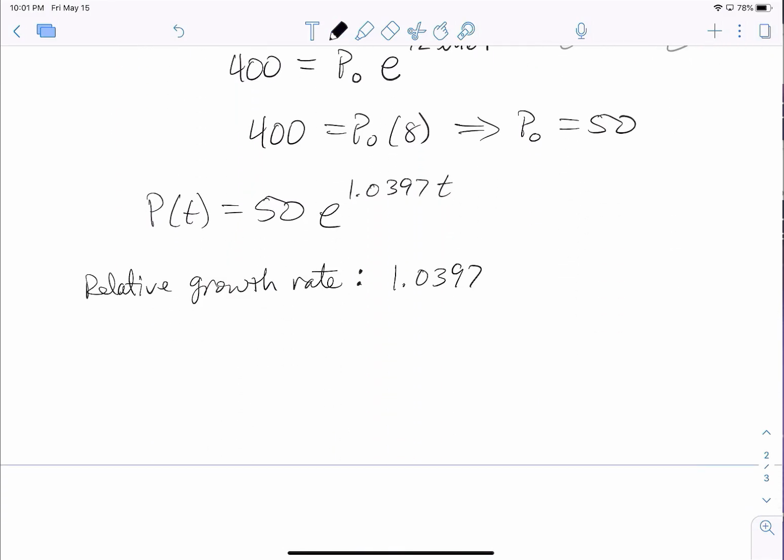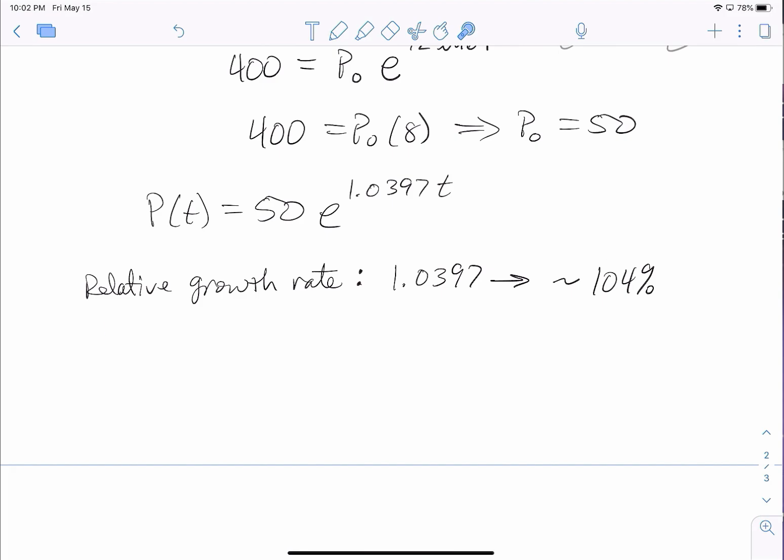But that's a decimal. Expressing it as a percent means that it's about 104%, which is huge for a population. The world's population grows at a rate of 1 to 3%, somewhere around there. So 104%. If this is bacteria, you're not going to be doing very well.